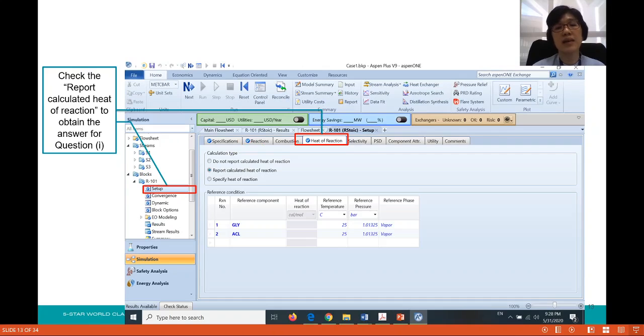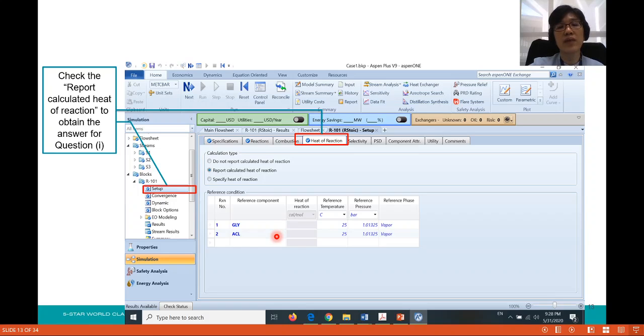Next, this is a page for you to enable the determination of heat of reaction using RStoic. Under the calculation type, you have to choose the option so that the heat of reaction can be calculated. Then at the bottom, under reference condition, you have to choose the reference component for the first reaction and also the second reaction.